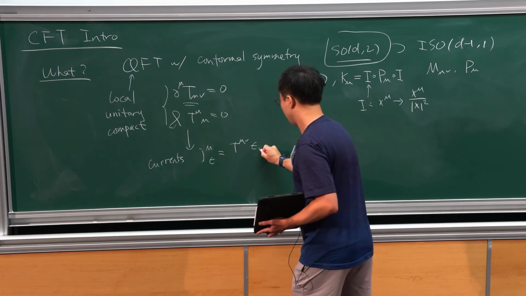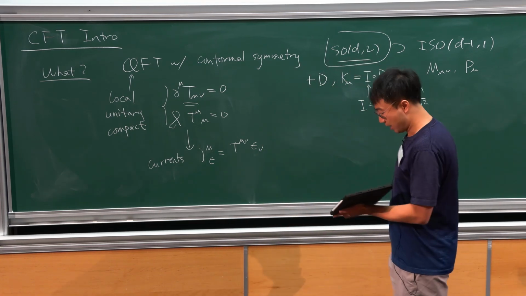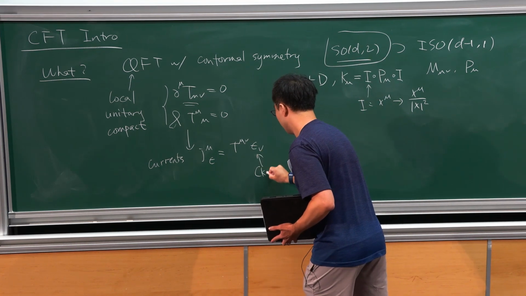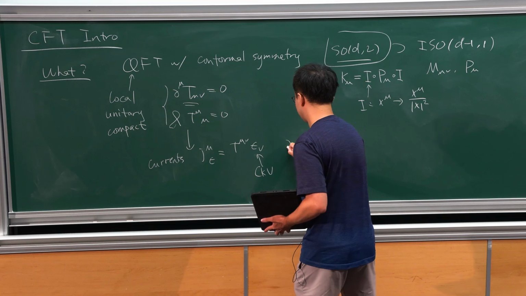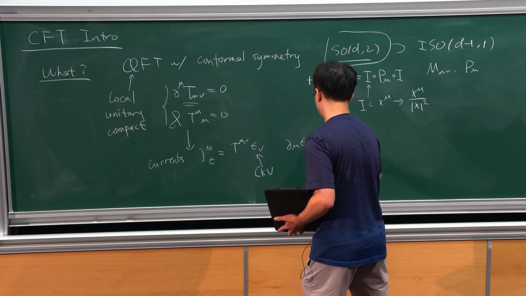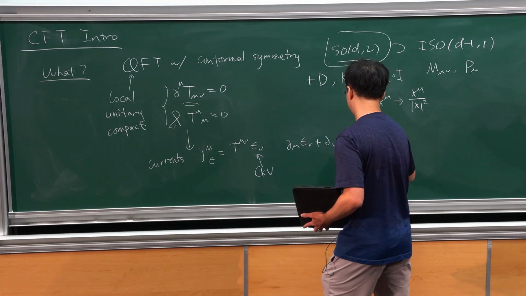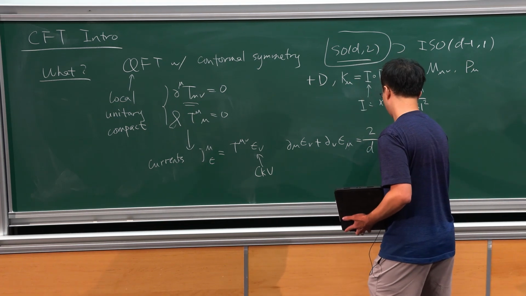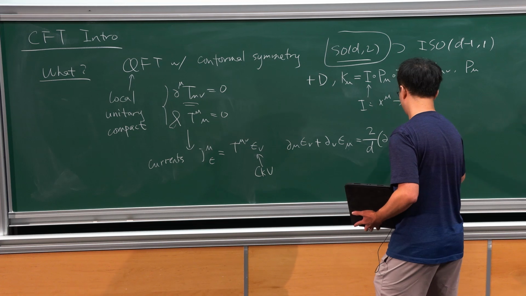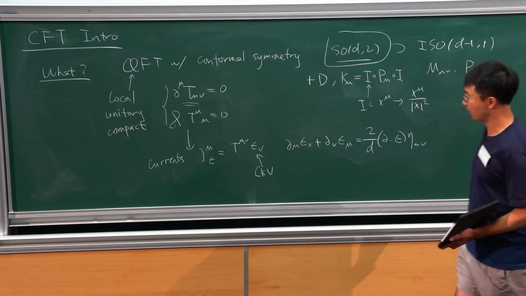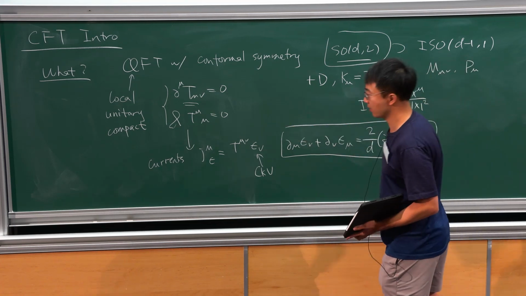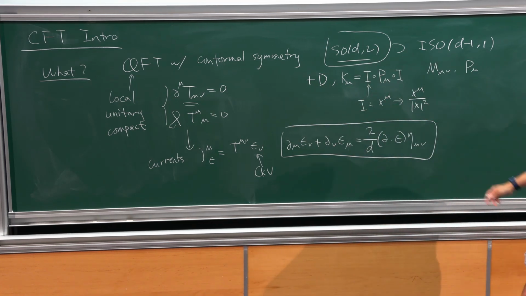And these epsilons satisfy the so-called conformal Killing vector equation, so they are known as the conformal Killing vectors, because they satisfy this set of equations. This is the defining conformal Killing vector equation that generalizes the usual Killing vector equation.